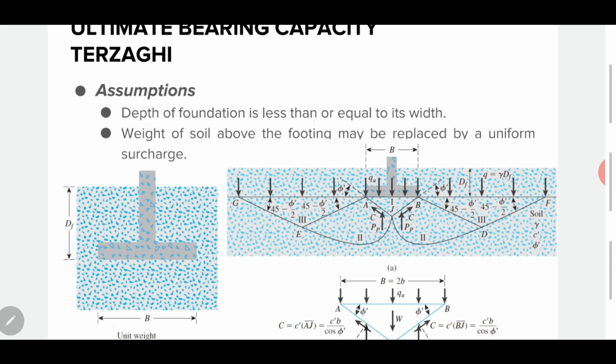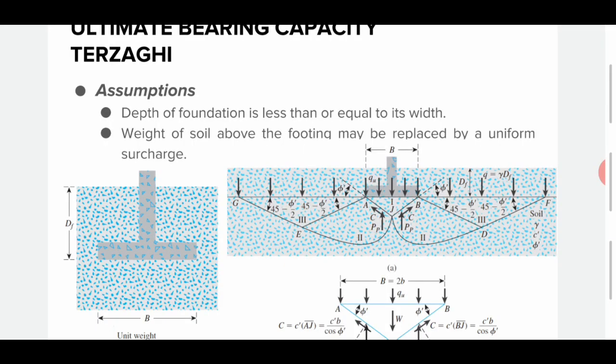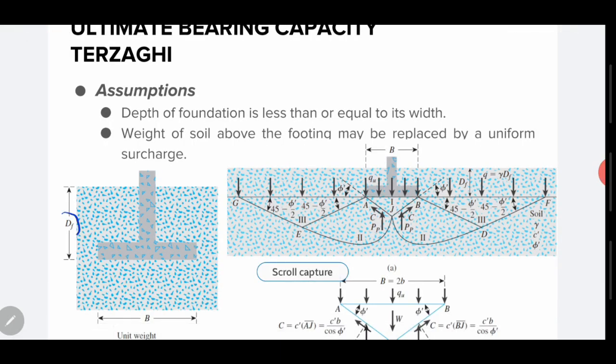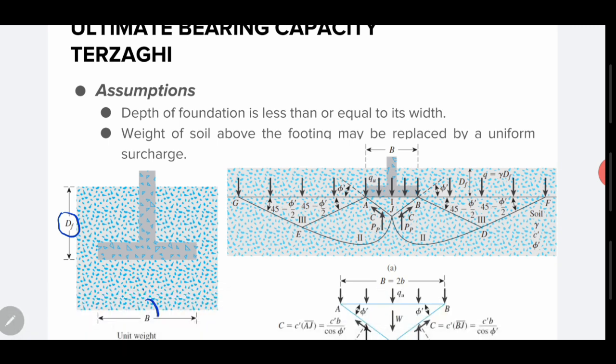So let me write it down. So the D sub f is less than or equal to the width of the foundation. So D_f is less than or equal to B.